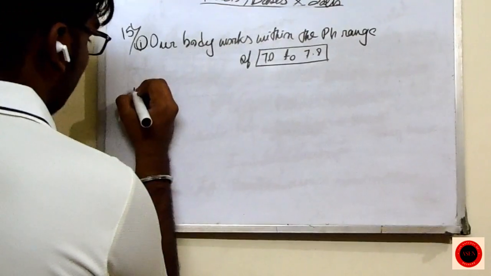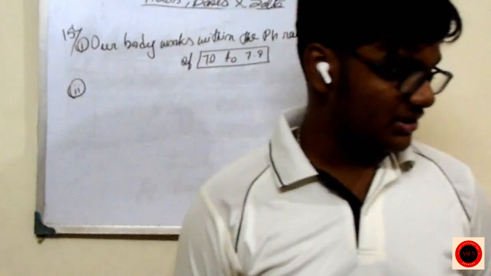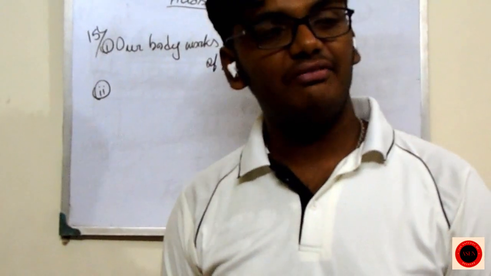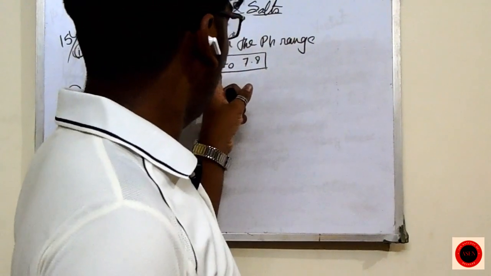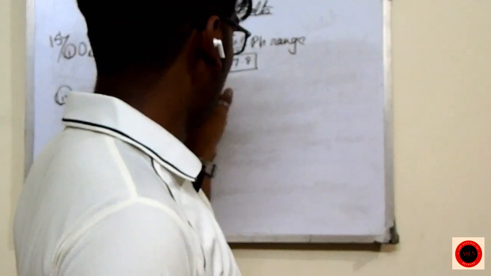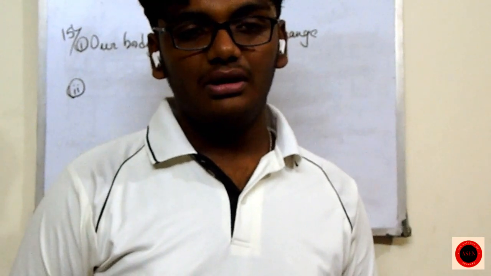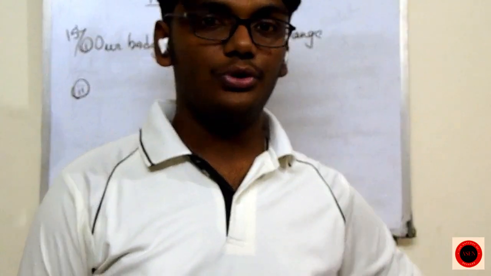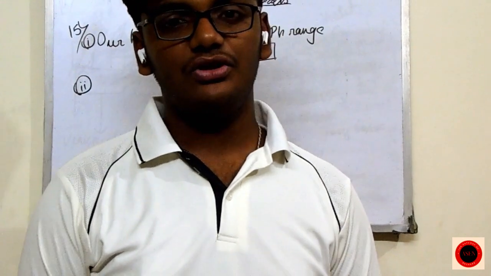It is number 1. Roman 2. Living organisms can only survive in a narrow range of pH change. Okay, suppose during acidity 7.0 or 7.8 turns into 5 or 6. If that changes up to 3 or 4 or 2, in that case it will not be possible for a human being to survive.